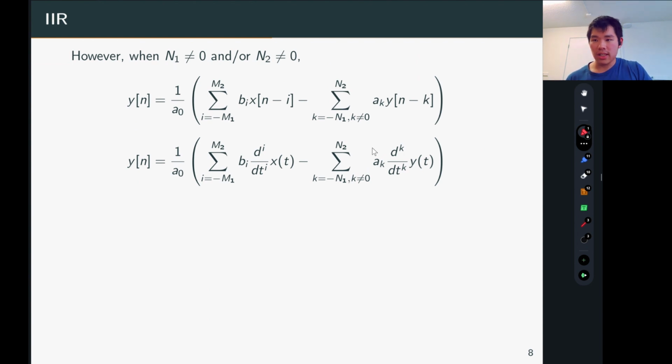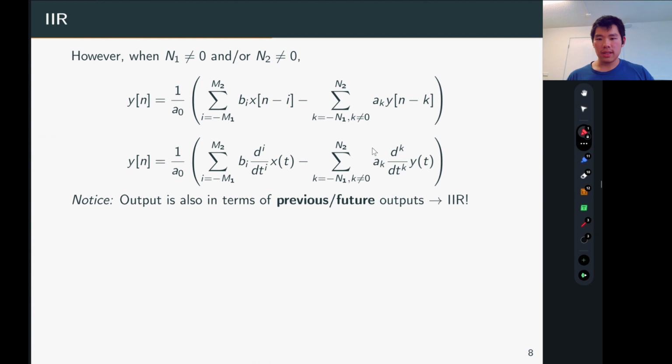So now let's consider when N1 and N2 are both not equal to 0. That means that, in addition to the inputs, we're also going to depend on the previous or future outputs of the system. So the output of the system depends on the previous or future outputs, and that essentially is the IIR filter.